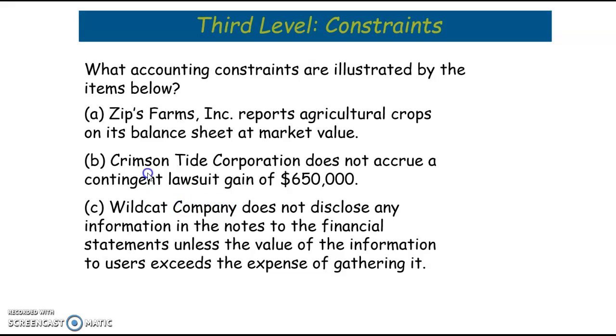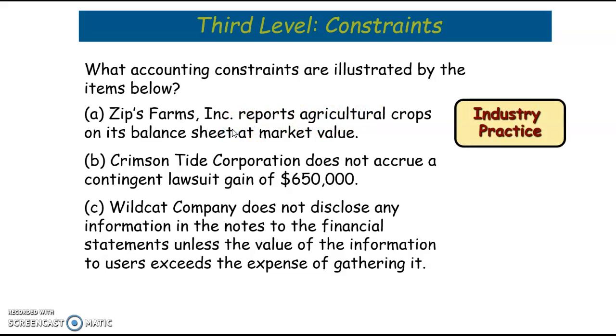So here again, we've got some little exercise here. Zips Farms reports agricultural crops on its balance sheet at market value instead of at what it costs them. Well, that's an industry practice for farm crops. Crimson Tide Corporation does not accrue a contingent lawsuit gain of $650,000.